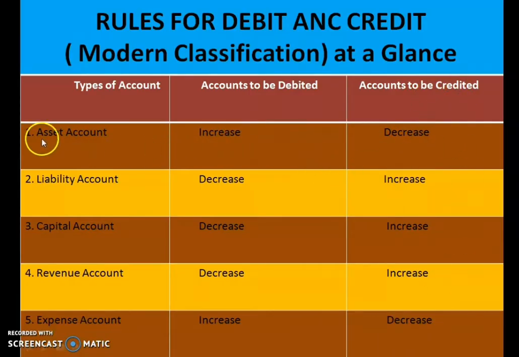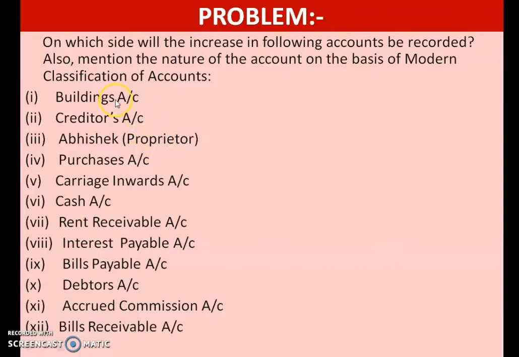So you can see that asset and expenses have the same rule, whereas liability, capital and revenue have the same rule. Okay, so that is the way you have to study those rules. Now let us do one problem. On which side will the increase in the following account be recorded?